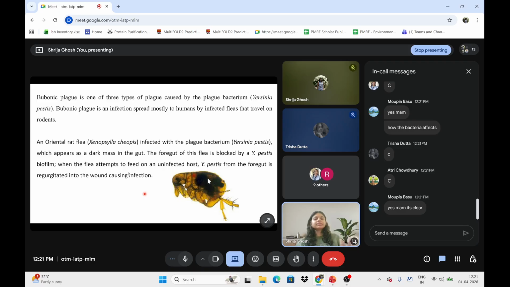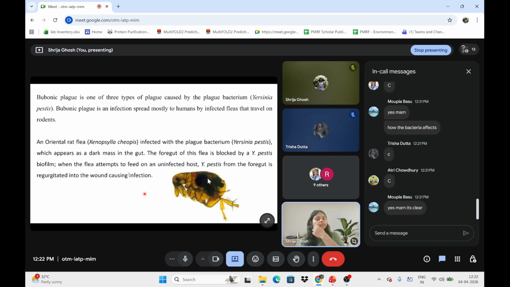Basically the bacteria is forming a biofilm inside the gut of these insects. So when the insect bites a rodent, let's say the insect goes and bites a rat, wherever it is biting the rat, the saliva will be in contact with the bite part of the rat, right?